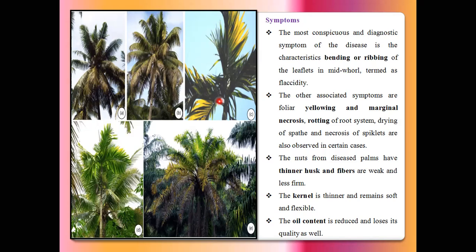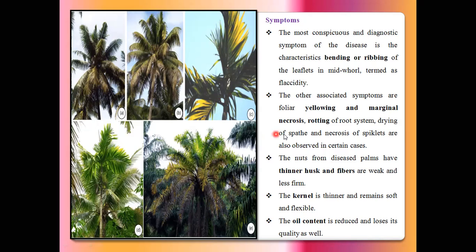This means the disease develops symptoms on the trunk portion as well as the leaflet portions. Okay, so this subsequently infects the leaflet parts, then the pseudostem and also the root parts.